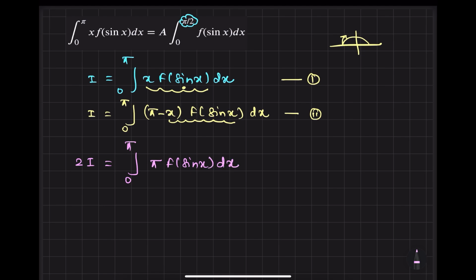Now pi is a constant, so I can take that constant outside. Now we have to break down the limit. So I'll break down the limit by writing 2I equals pi times the integral from 0 to pi by 2 of f of x. So who is f of x? f of sin x.